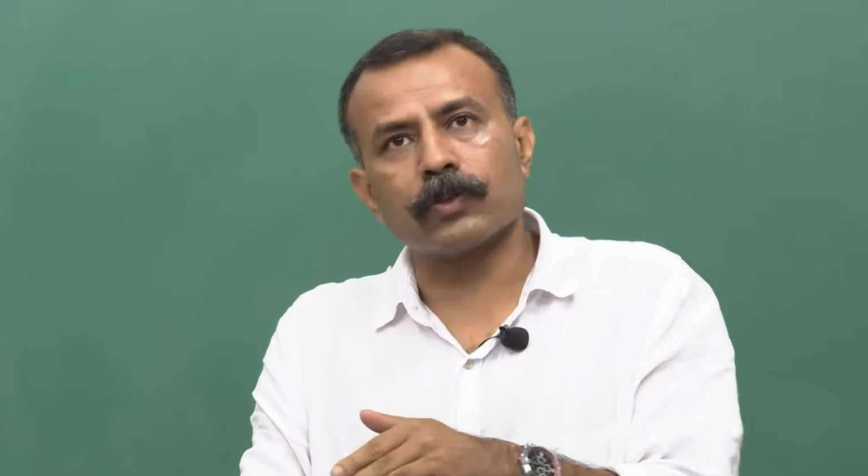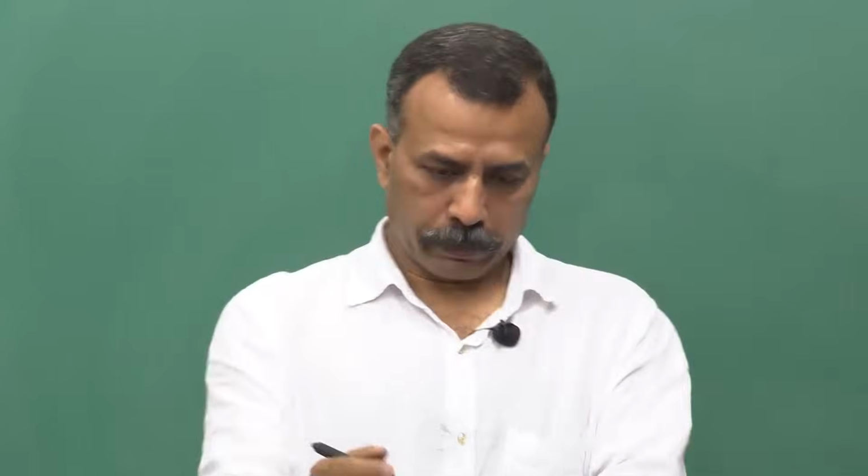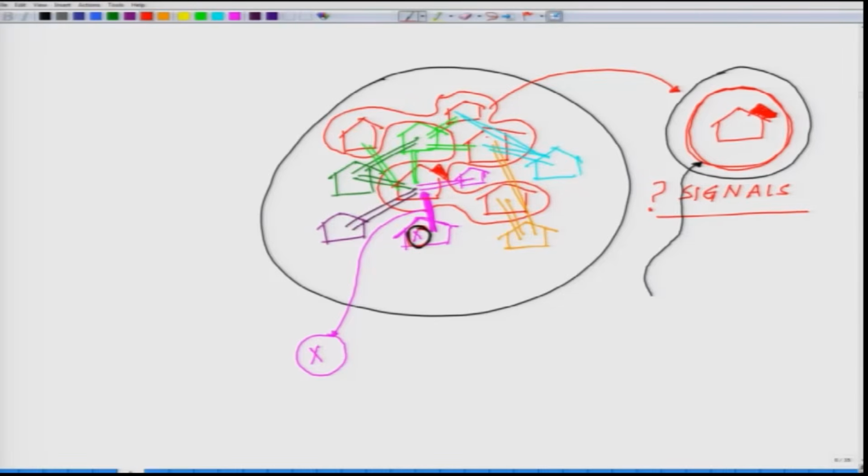Let's talk about a reverse situation. This X compound is secreted by this pink house to ensure that this does not form this kind of structure. It is not allowed to form this second roof.